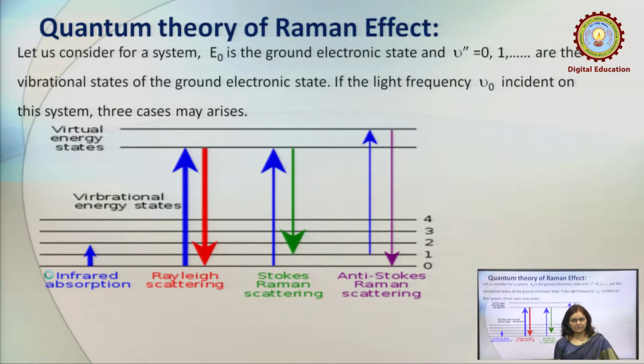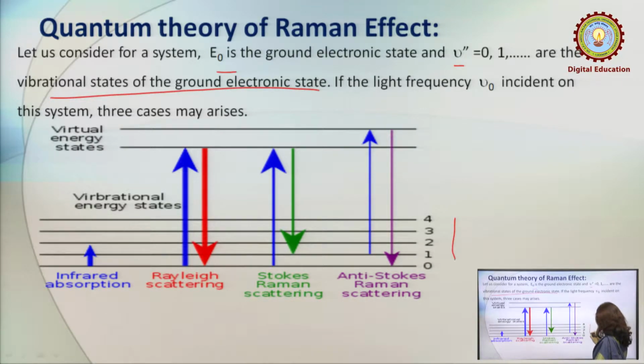Now, we are discussing the quantum theory of the Raman effect. Let us consider a system where E naught is the ground electronic state and v double dash equals 0, 1 are the vibrational energy states of the ground electronic state.